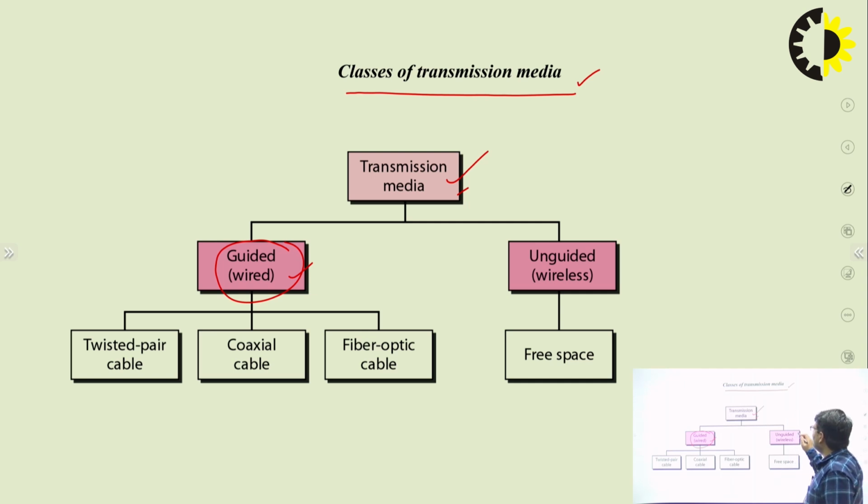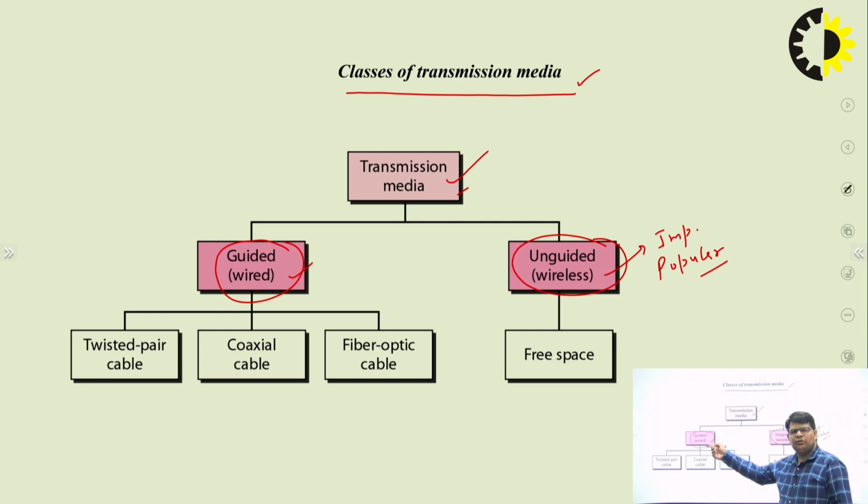Another category is unguided, or we can say wireless. Nowadays, wireless communication is very important and has become very popular. Both types of media have certain advantages as well as limitations; in a similar way, unguided media also has some advantages as well as some limitations.